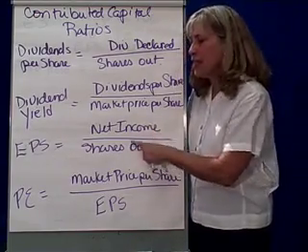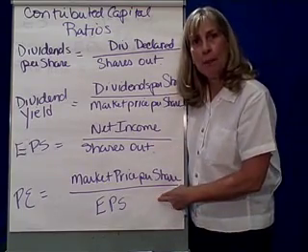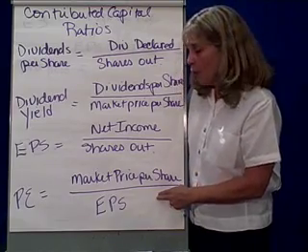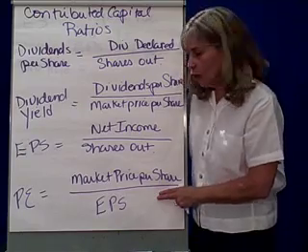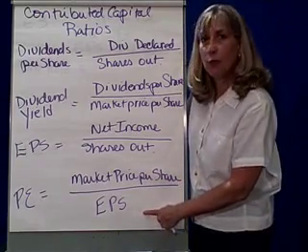The reason I wanted to briefly tell you about earnings per share is there's something called the PE ratio, the price earnings ratio. And this is an important ratio that investors and analysts look at. It's the market price of the stock divided by the earnings per share.